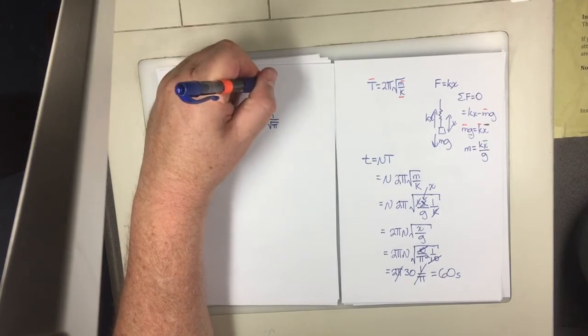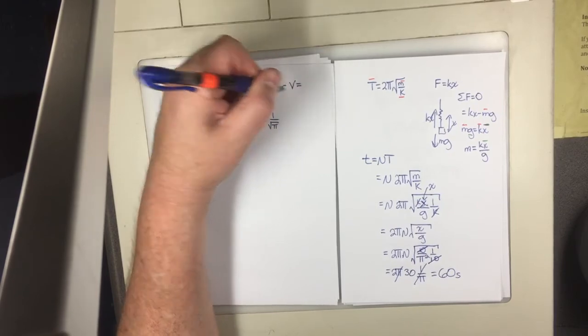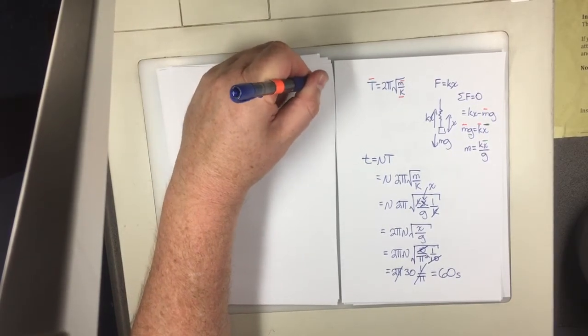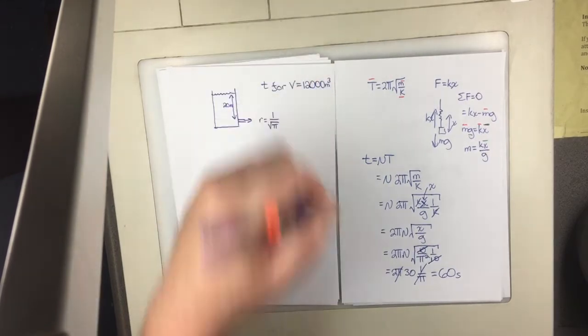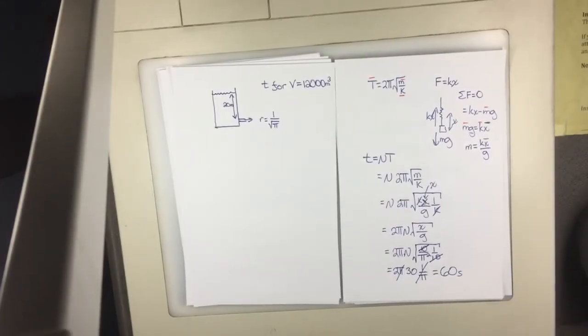I'm looking for the time for the amount of water to come out to be 12,000 cubic meters. And it's water, and we're on planet Earth. When this hole is letting water out, we're letting out 12,000 cubic meters.